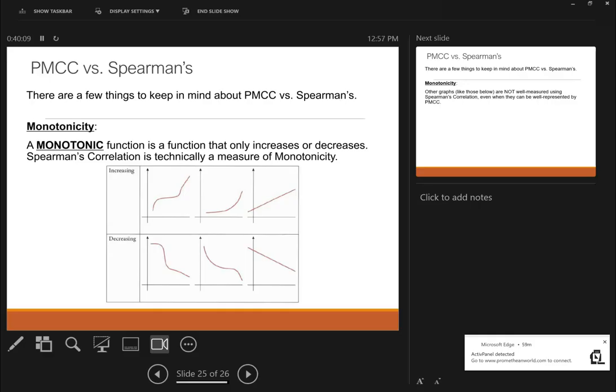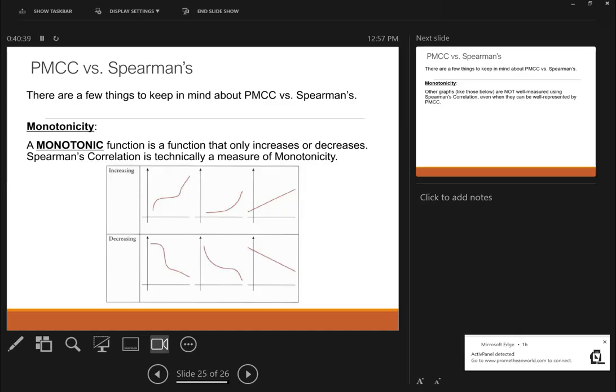So if I look at these first 3 graphs, notice they are all increasing or staying the same, correct? Those would all have Spearman statistic equal to 1, because they're all increasing or staying the same. If I look at the second row of graphs, those are all decreasing or staying the same.